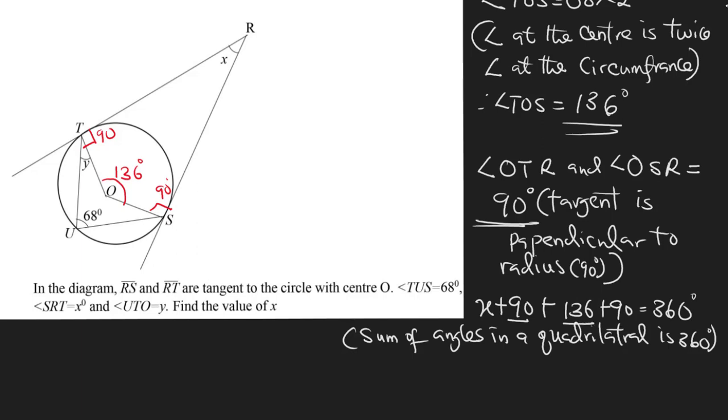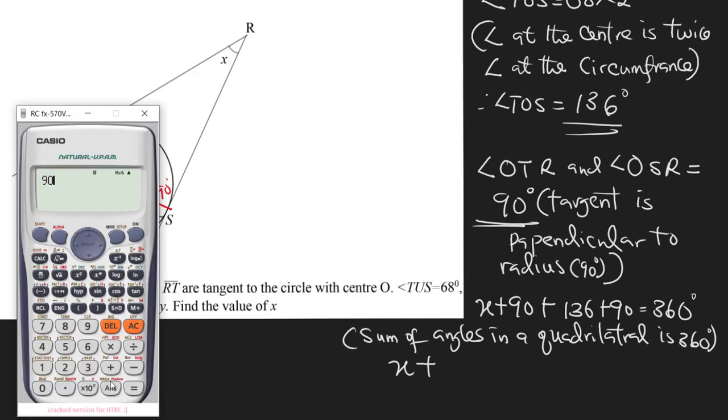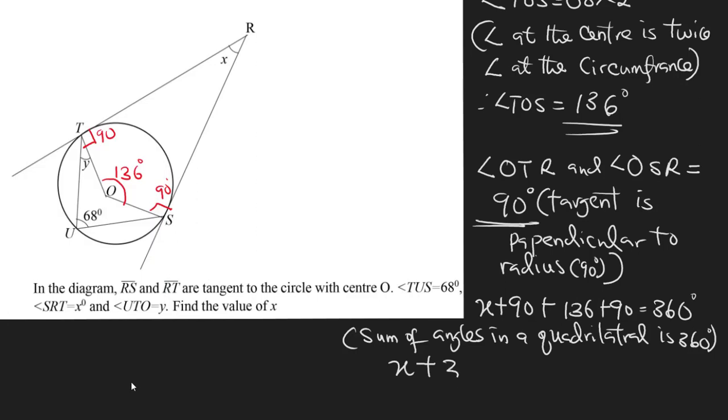So let's add them and see. x plus 136 plus 90 is equal to 316. So we have x plus 316 is equal to 360. Collect the terms. You know that this 316 will move to this side, and it will turn to minus because it crosses the equal sign.